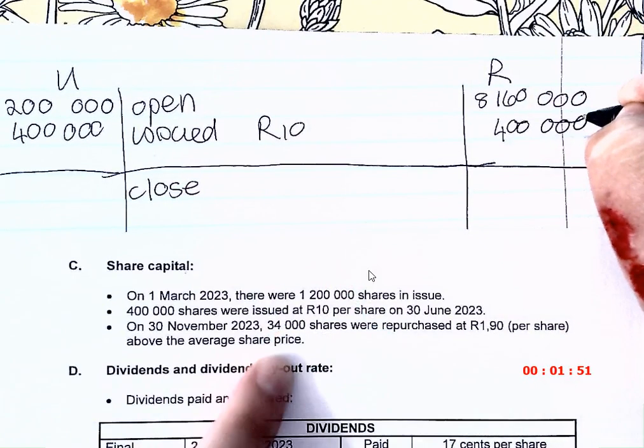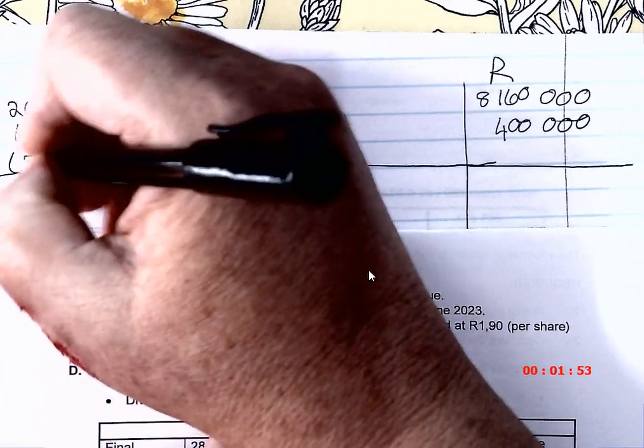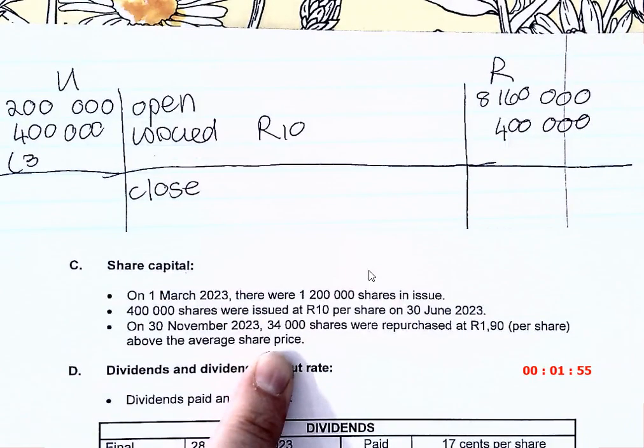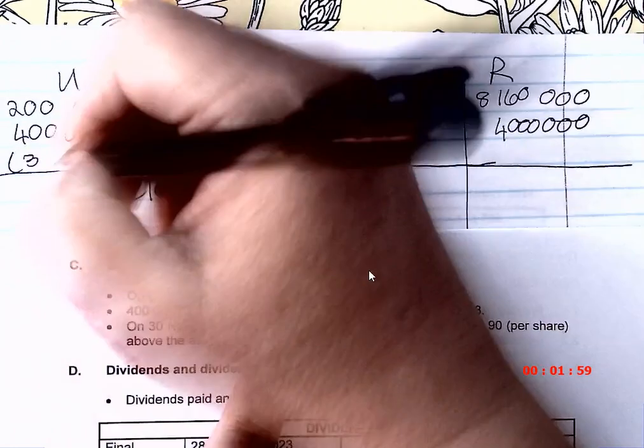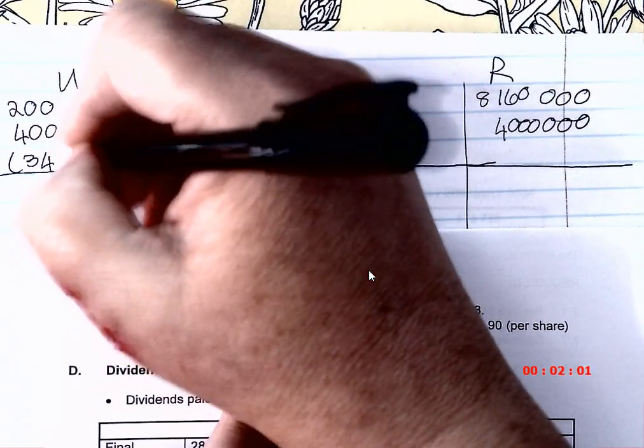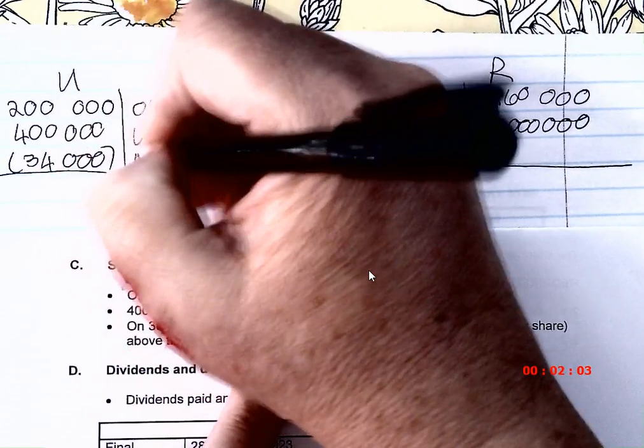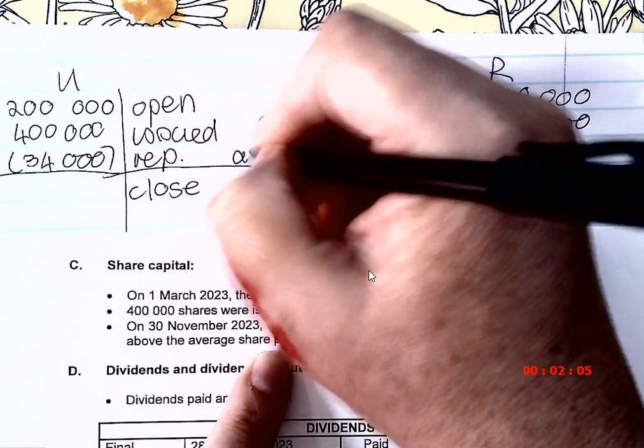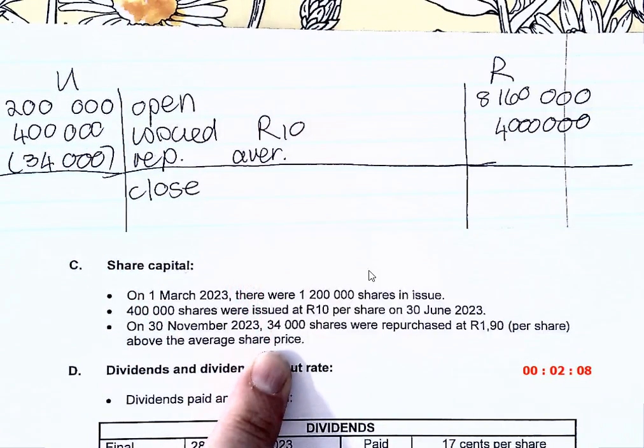Then they say 34,000 was repurchased. Now what do I want? I want the average price. Okay? Now, can you see what do I need?